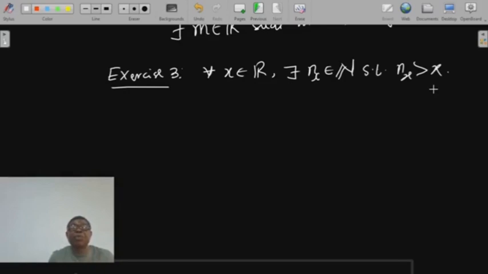Now, to prove this, we want to show that this is true. We prove that for any x in the set of real numbers, there exists a natural number that is bigger than this x.